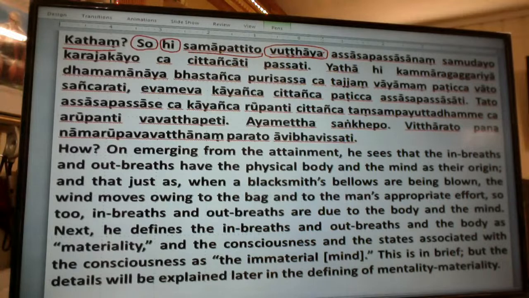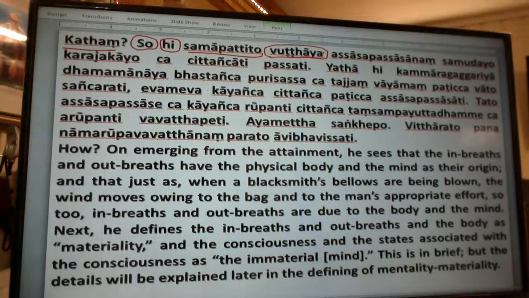Like this. So the meditator practices the samatha meditation and gets the jhana, and then with that attainment, you have to emerge from it, because that meditator wants to change his meditation method from samatha into vipassana.